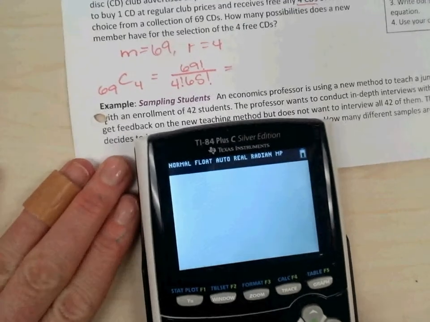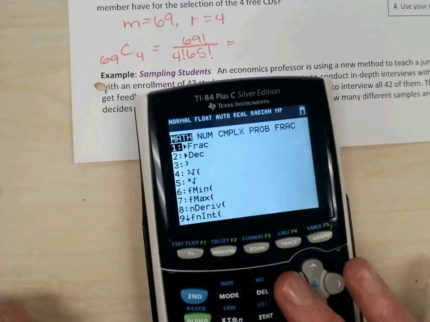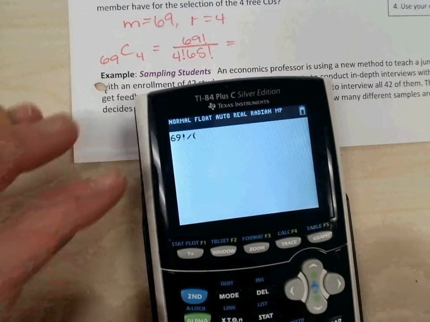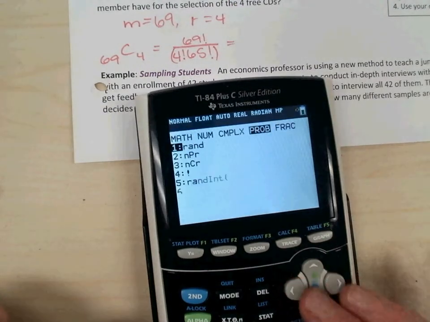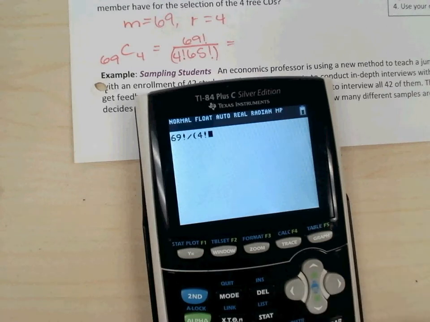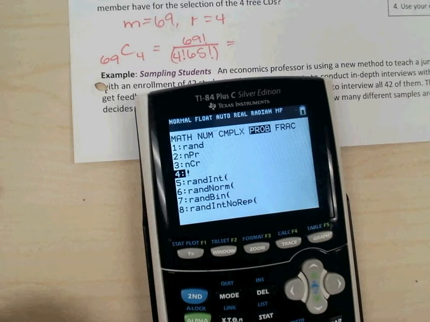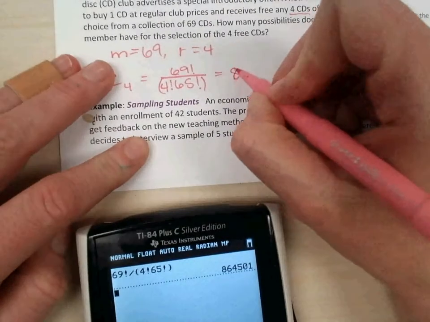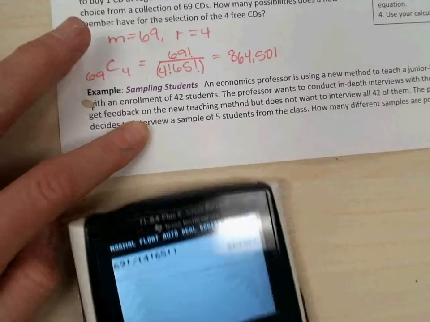So when you type this in your calculator, just be careful that if you do the 69 factorial divided by, the denominator needs to go in parentheses. So that'd be 4 factorial 65 factorial, which gives me 864,501.